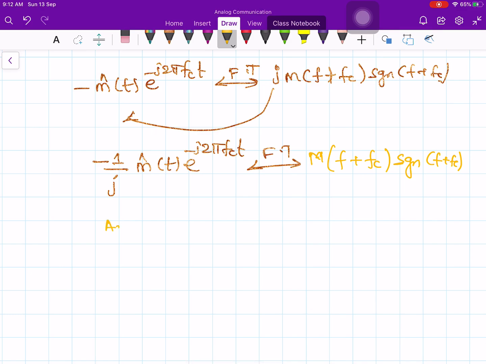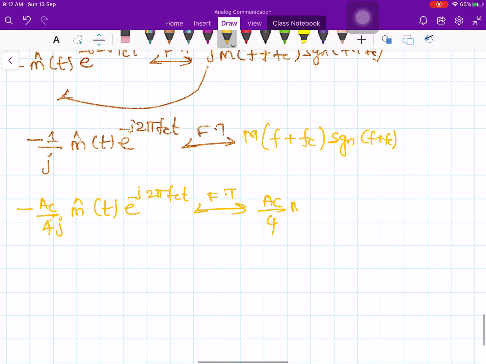So A c by 4, already I have minus 4j m cap of t e to the minus j 2 pi fct. It forms a Fourier transform with A c by 4 m of f plus fc signum of f plus fc.